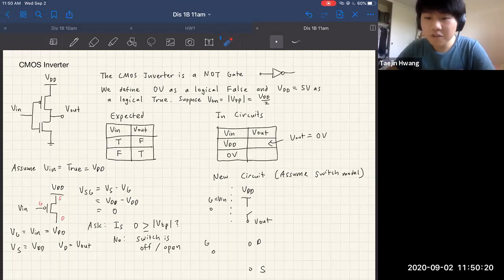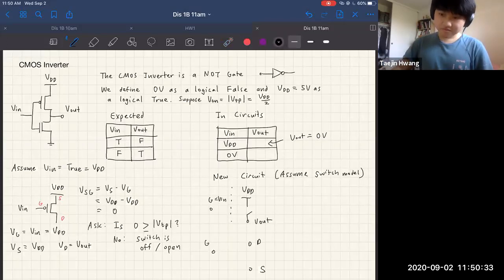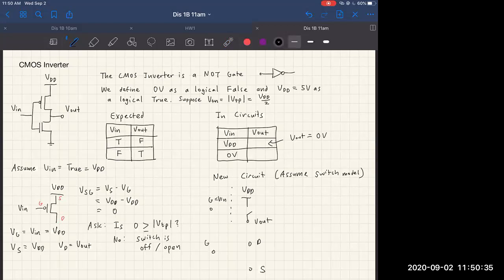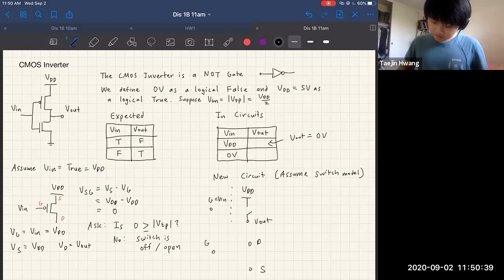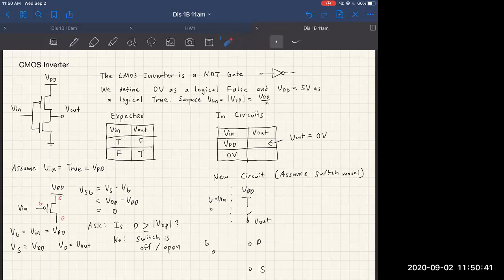Were people able to figure out how to do the analysis for the NMOS? Anyone want to give a stab at it? Okay, I got this because my breakout group explained it to me. So you have V out is off because you have your V in to the NMOS as 0.